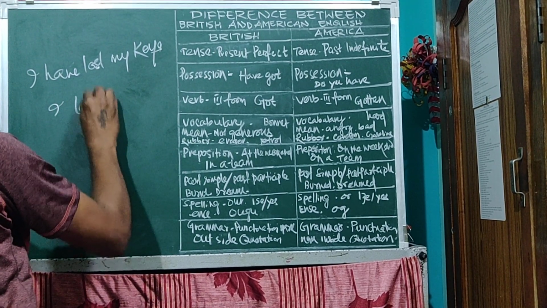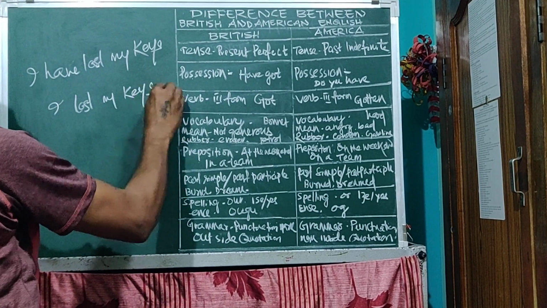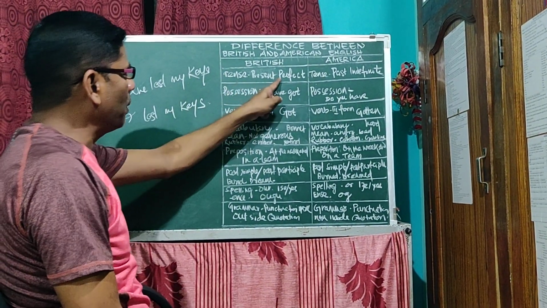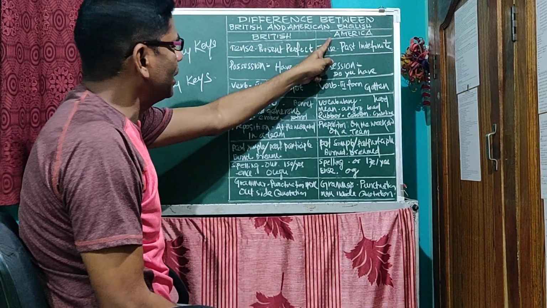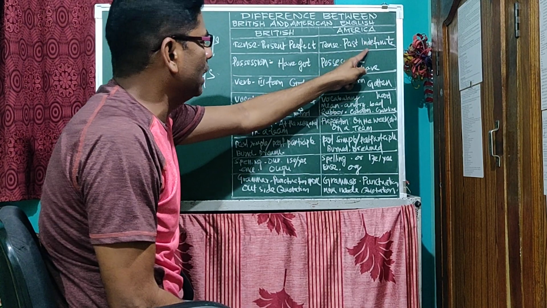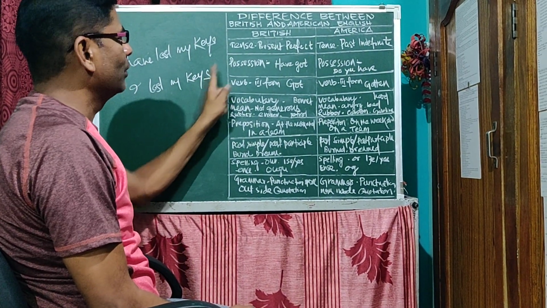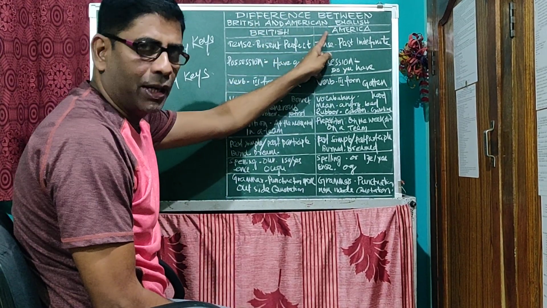The Britishers generally use the present perfect tense: "I have lost my keys." But the Americans generally use the past indefinite for the same sentence: "I lost my keys." So there is a tense difference between British English and American English.